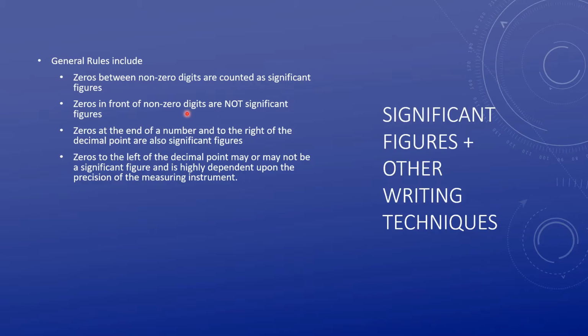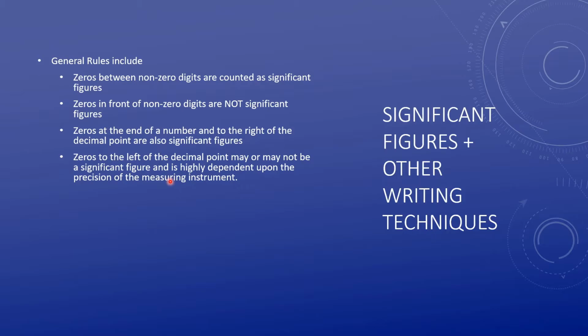And zeros to the left of the decimal point may or may not be. Again, it all depends. In this case, this is significant because, remember, we talked about 180.2 centimeters. However, if I'm still writing 180.2 centimeters and I write 0180.2 centimeters, that first zero before the one is not going to be significant, right?